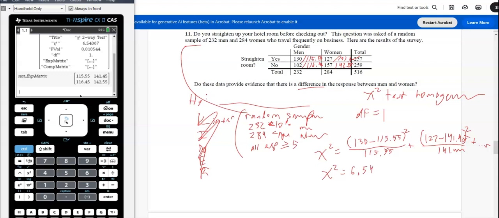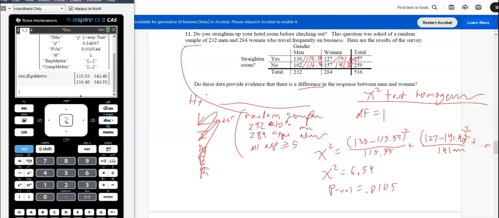Degrees of freedom is 1. We also could get it from our calculator. It's there. And the p-value we need to put on there is equal to 0.01. Okay. And again, somewhere on this, say what it is. It's a chi-square test for homogeneity. Because our p-value is, let's see, I'm guessing 5% here.